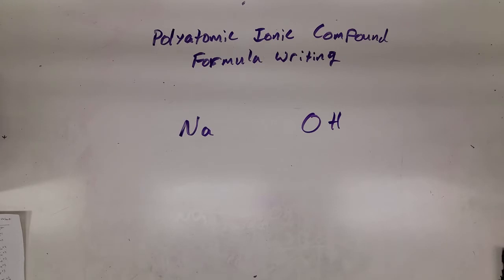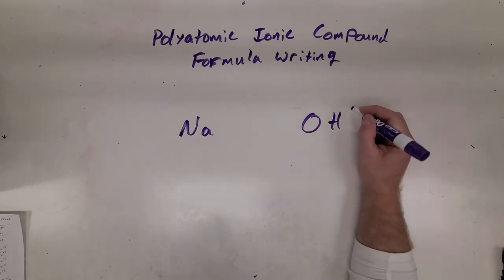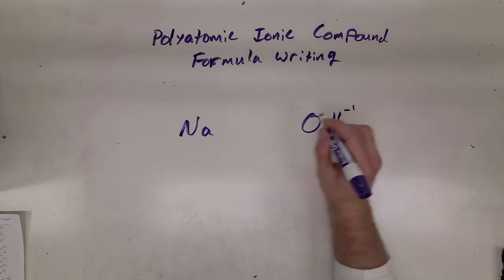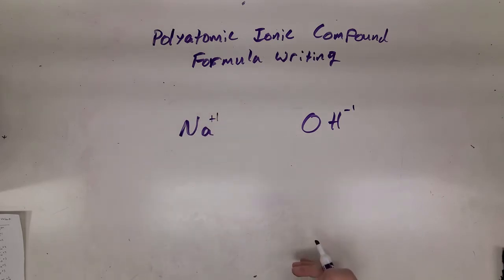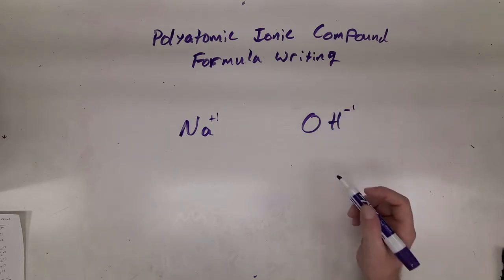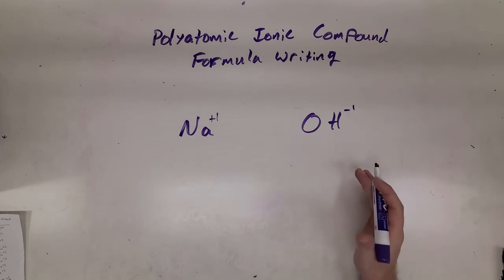Okay, one example that we can look at would be sodium and hydroxide combining together, hydroxide having a -1 charge, sodium having a +1 charge, and these follow the same exact rules as the simple compound formula writing. The only difference is that we've got an ion with more than one element, and we take an extra step at the end.